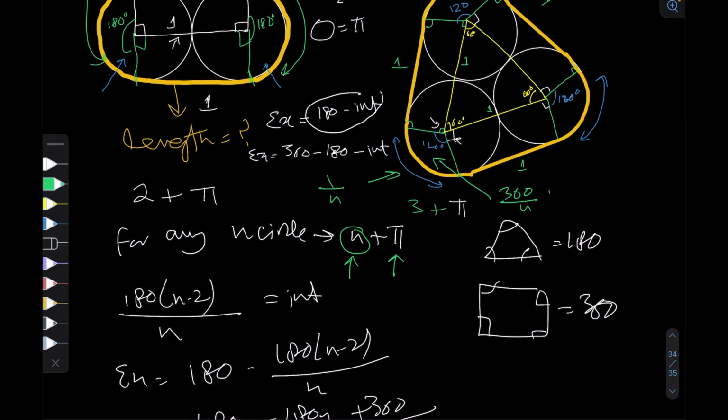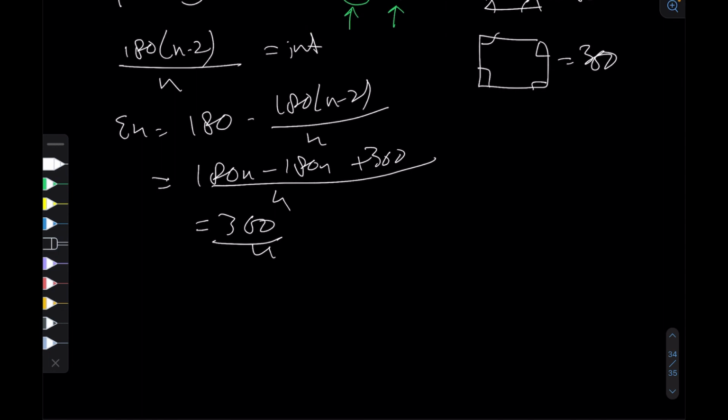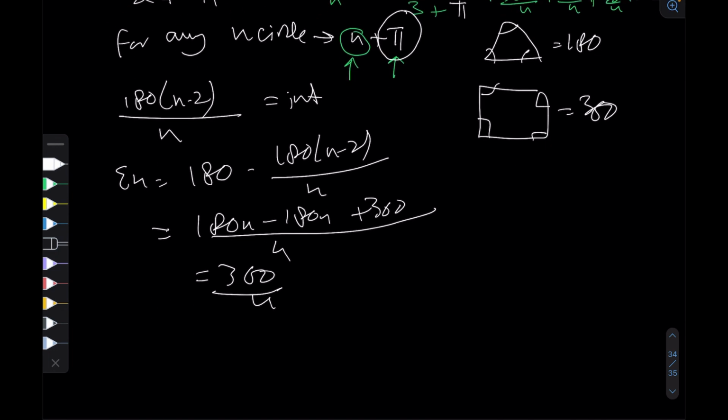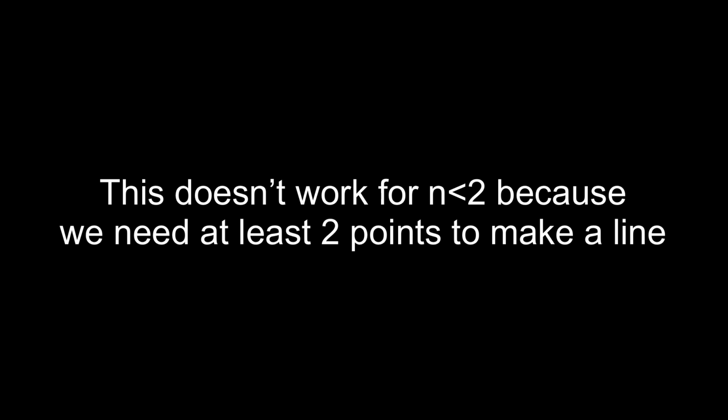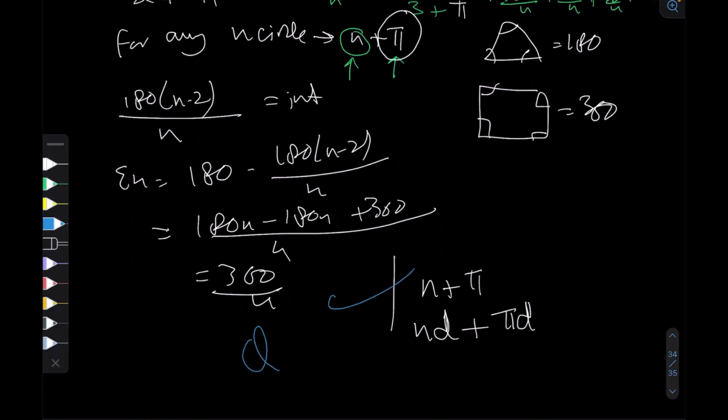You would be doing 360 over n plus 360 over n plus 360 over n, continuing n times, and this would simply equal 360. And 360 means a whole circle, and since it's a whole circle, the circumference will be pi. So we have proven that for any n circles, it will be n plus pi. And of course, if you want to generalize it, it will be n times the diameter plus pi times the diameter. And we are done. QED.